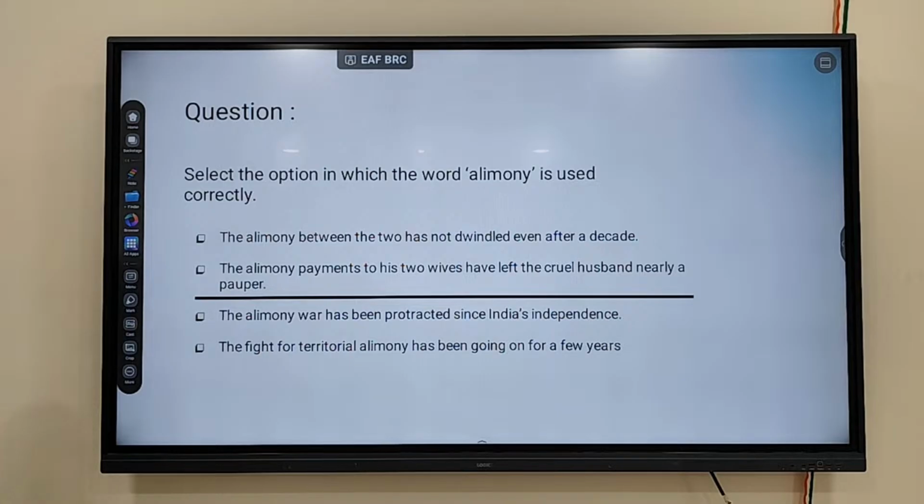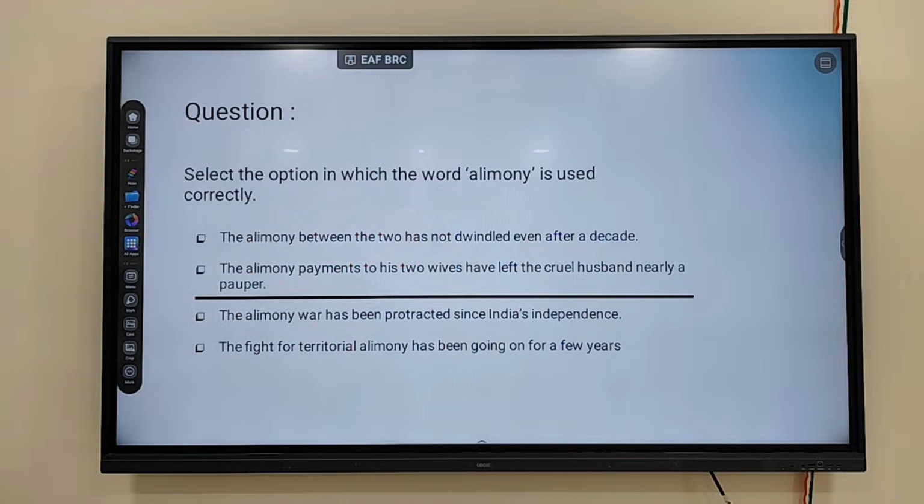If the woman is working and he is not fit for earning money, she should pay instead. Usually the man will pay 90-95%. It is the duty of the man to pay for the children and also for the wife. It is like a permanent maintenance. It's called alimony.